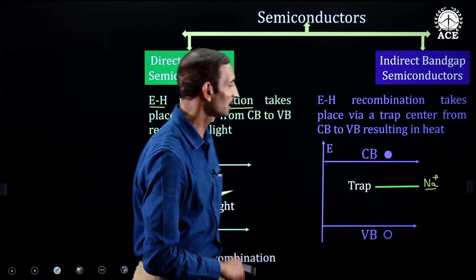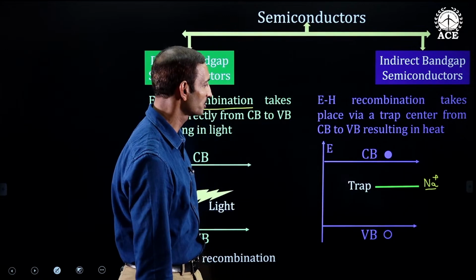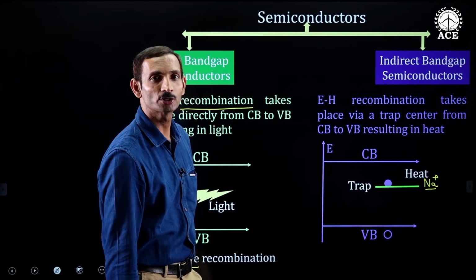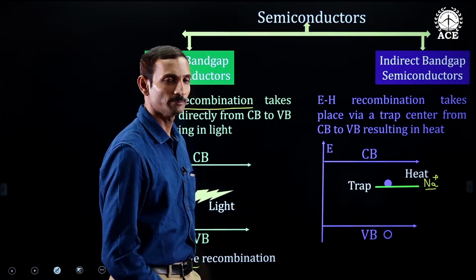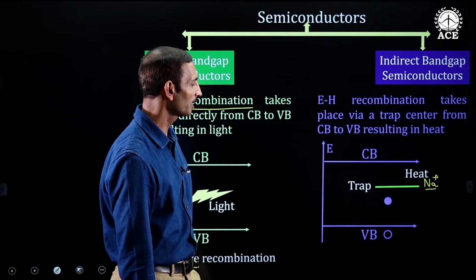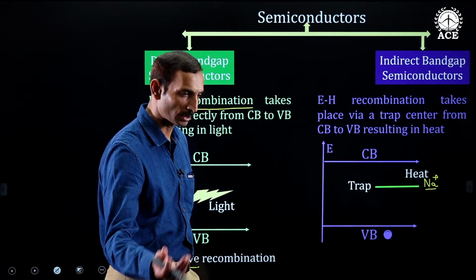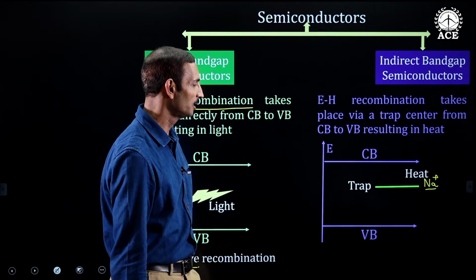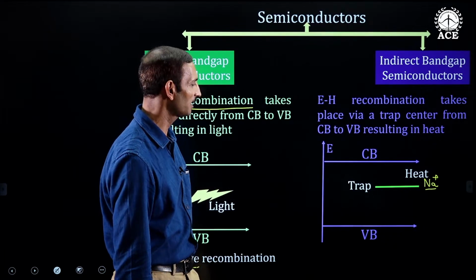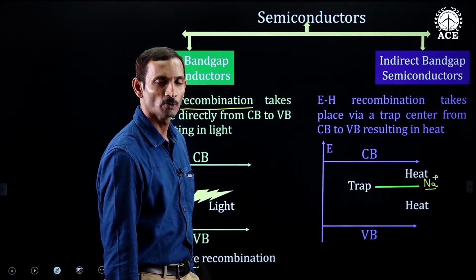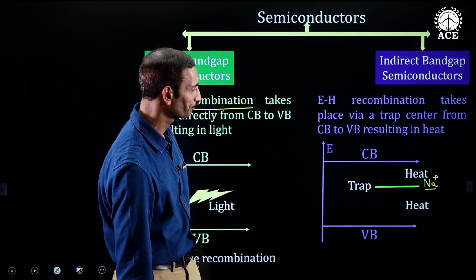Now what will happen if that kind of trapping takes place? The electron goes to the trap and gives out heat. After some time, this electron comes down to its normal position, that means the hole, and the annihilation of both electron and hole takes place. Heat is produced. Now just observe the case here.